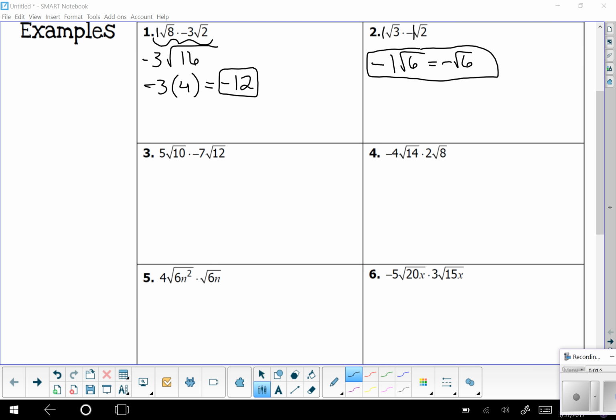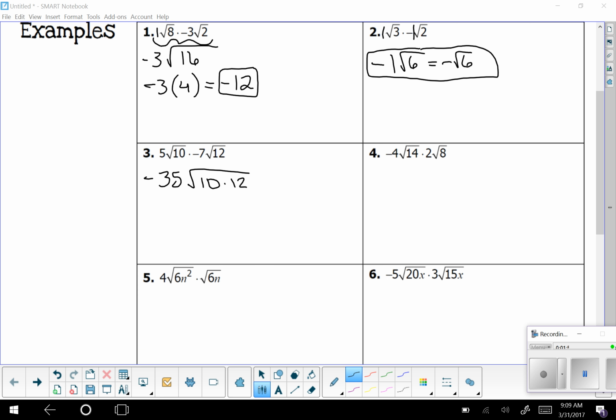For number 5, multiply the outer numbers, which is -35. But on the inside, don't multiply the 10 and the 12, because all you're going to do is get a big number. And you want to make this really easy for yourself.